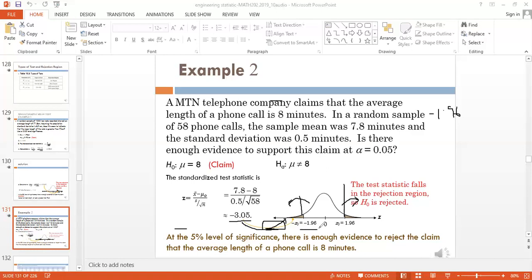So the test statistic falls in the rejection region, so H naught is to be rejected.